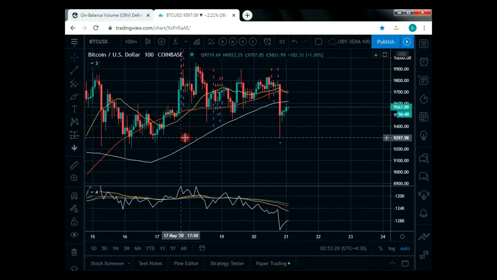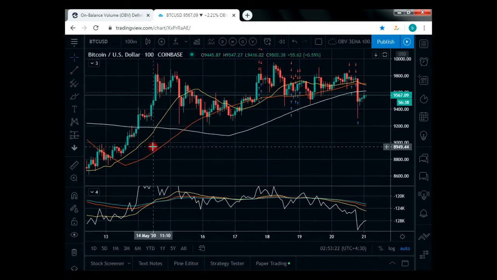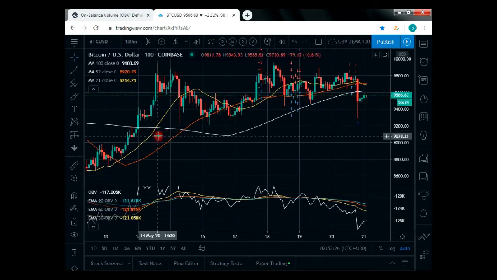And we could also take advantage of these crossovers. As you see, the 100 is shown by the white line, the orange line indicates 52 periods, and the yellow line, as our fast line, indicates 21 periods.